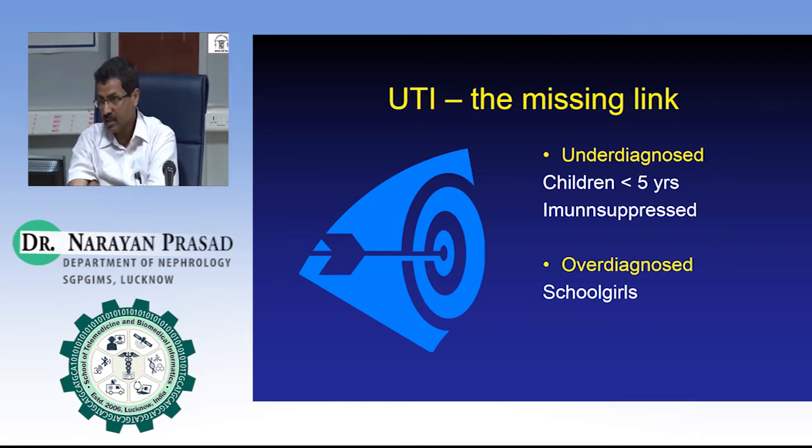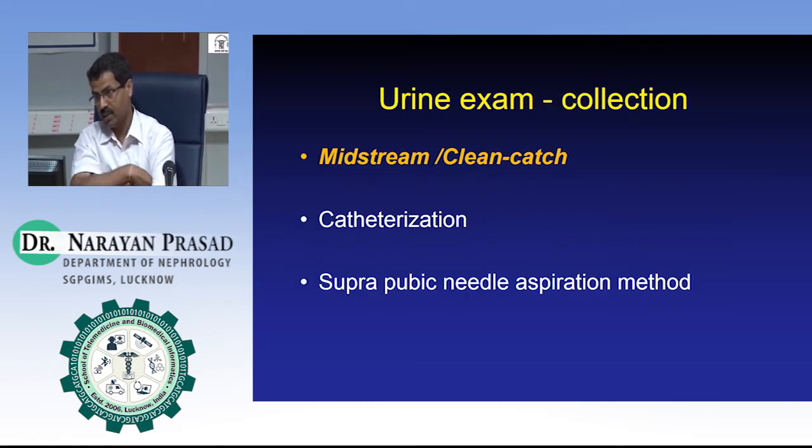On microscopy, you can directly see multiple bacteria, and the leukocyte esterase test or nitrite test are indirect tests that indicate the presence of some organism in the urine.